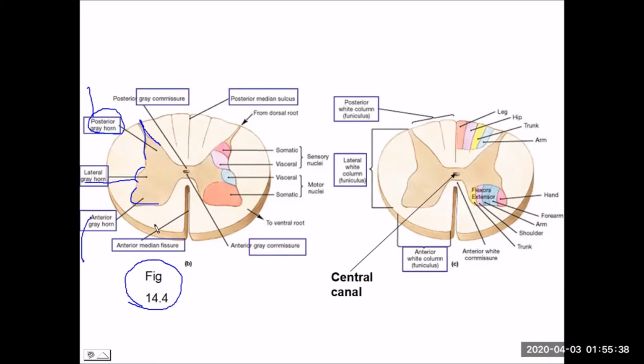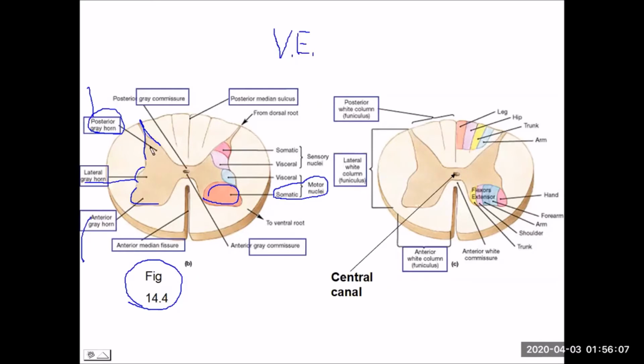So if we look on the other side, the anterior gray horn is shown to contain only somatic motor cell bodies grouped in that anterior gray horn. And again, the ventral or anterior part has an efferent function. Specifically, it's somatic motor.